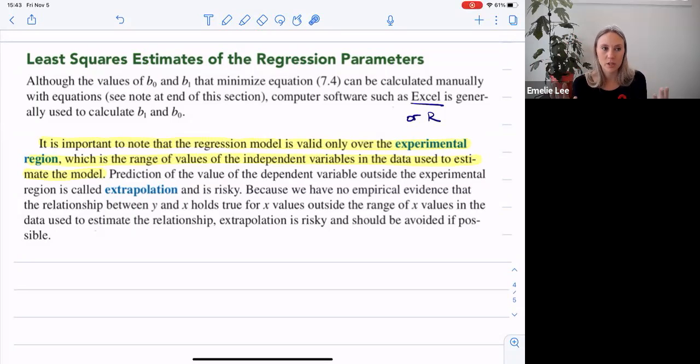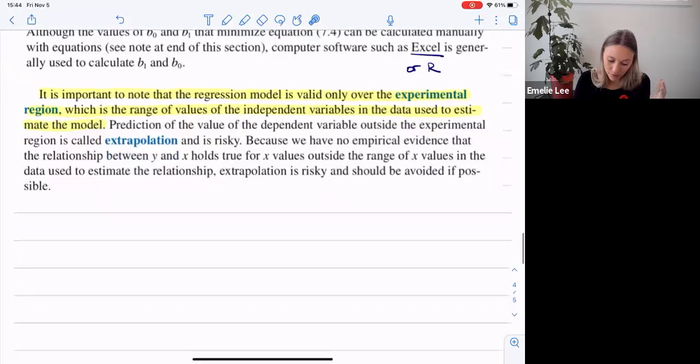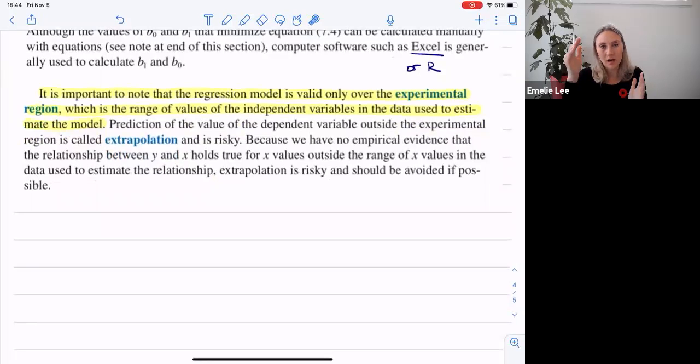that's called extrapolation. Okay. Prediction of the value of the dependent variable, so that's your y, outside the experimental region is called extrapolation and is risky. The reason for that is because your results are not as reliable as they are based off of your sample information.